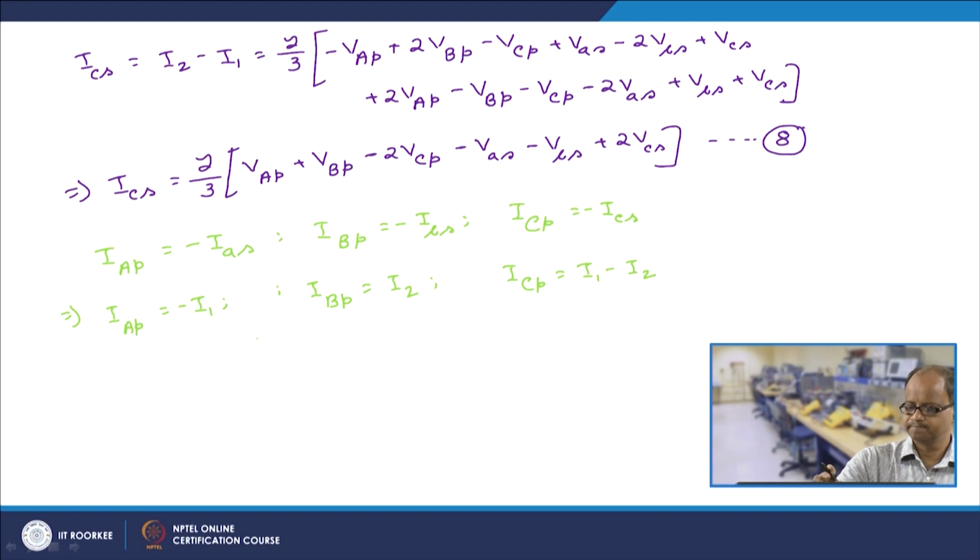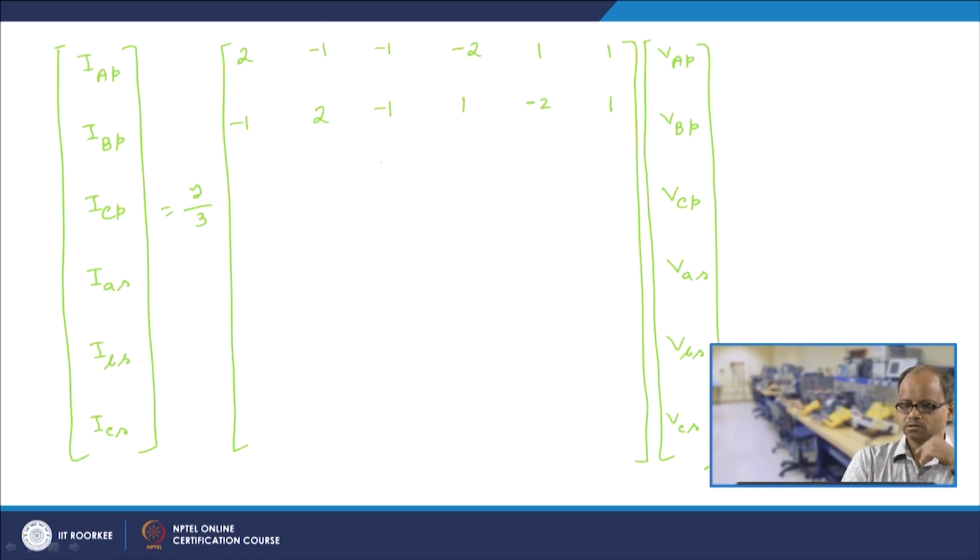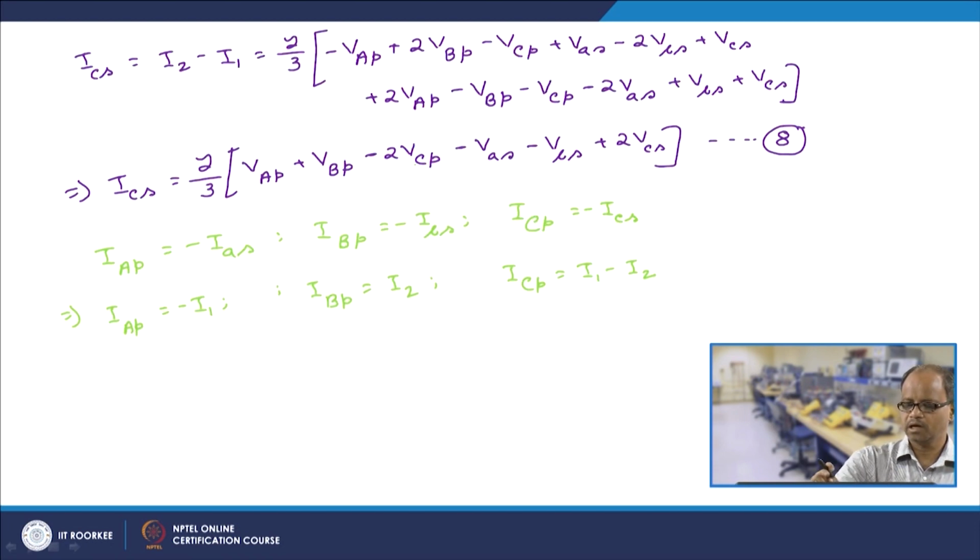ICP is equal to I1 minus I2, and this is nothing but minus ICS. So it is minus 1 plus 2, and it is plus 1 minus 2.